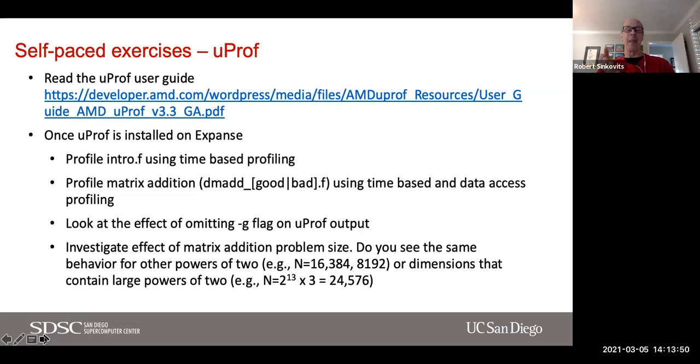Do you see the same behavior for other powers of 2? Let's say we go to n equals 16,384 or 8192, or to dimensions that contain large powers of 2. So for example, what if we try 2 to the 13th times 3 and see what the impact is on performance? And then also look at Gprof output and see if you get any insights from things like the cache misses.